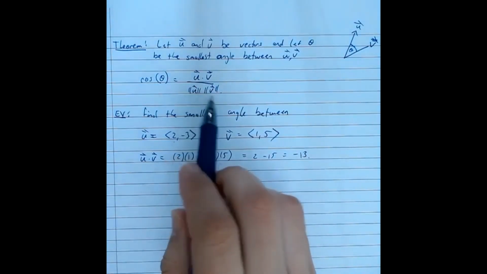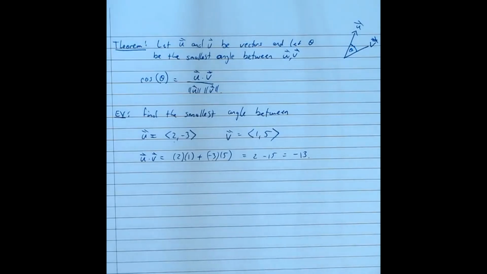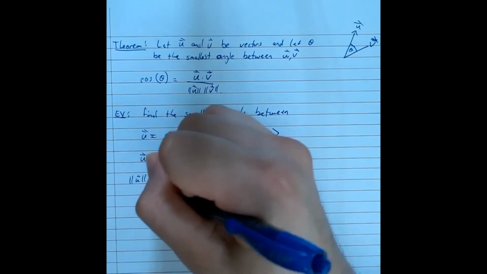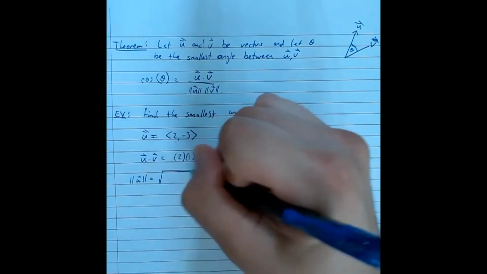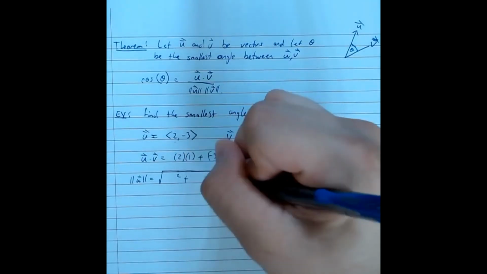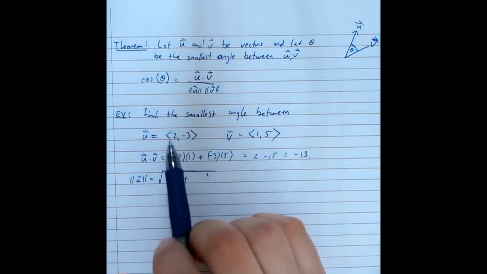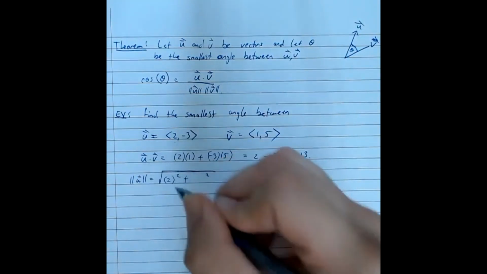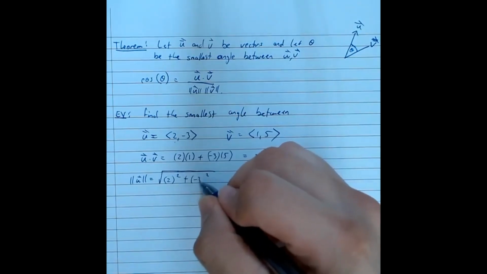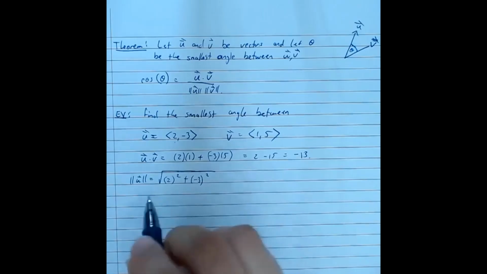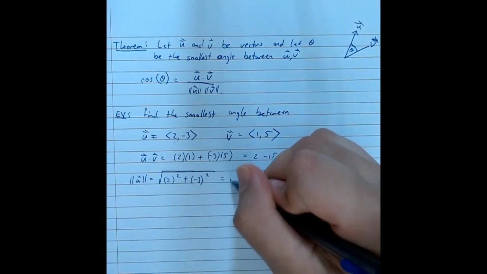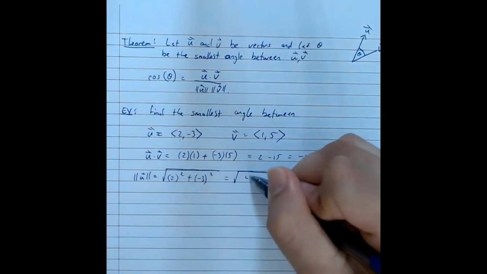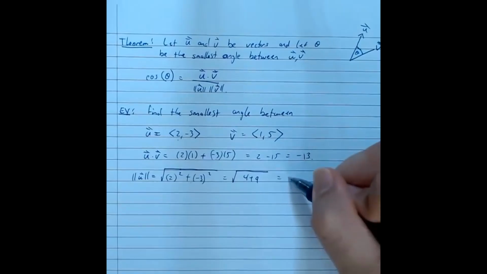Now we need to find the magnitudes of u and v, and we can do that by taking the square root of the sum of the squares of the components of u and v. So here, let me take the square of 2, then let me take the square of negative 3, add those together, and take a square root. All right, well, that's going to be the square root of, let's see, that's 4 plus 9, which is the square root of 13.